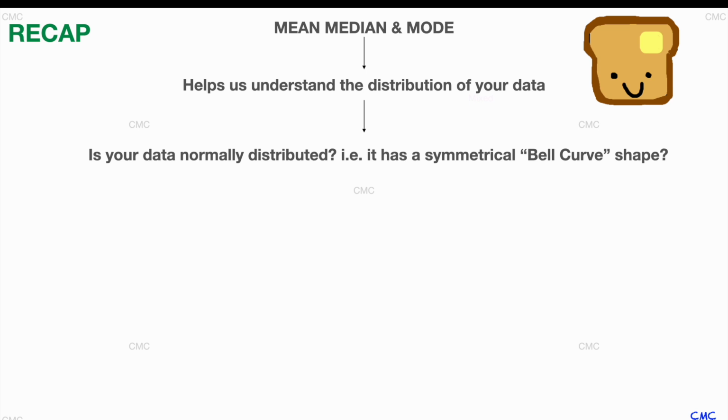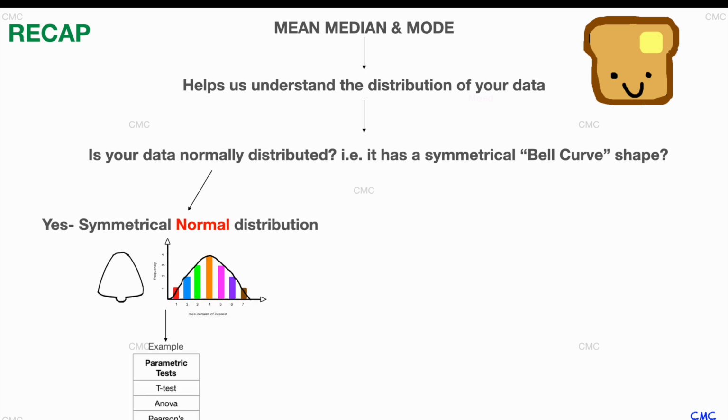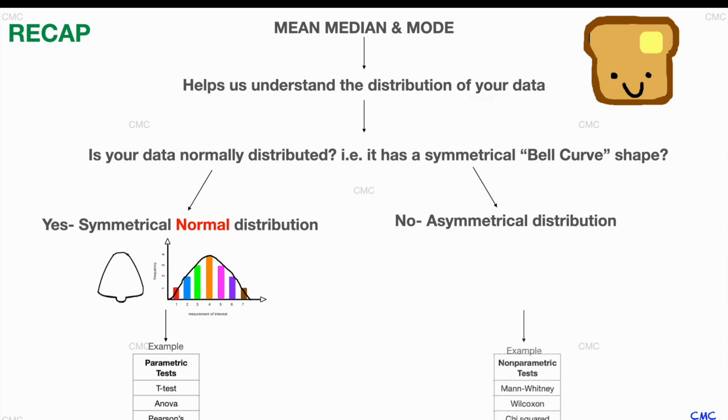We discovered that if our data is indeed normally distributed, i.e. had this symmetrical bell-shaped curve when plotted, we could use parametric tests for statistical analysis. And if we didn't have a symmetrical bell-shaped distribution, we mentioned that we would have to resort to non-parametric tests for data analysis. And we didn't explore much how the distribution might look like in non-symmetrical cases.